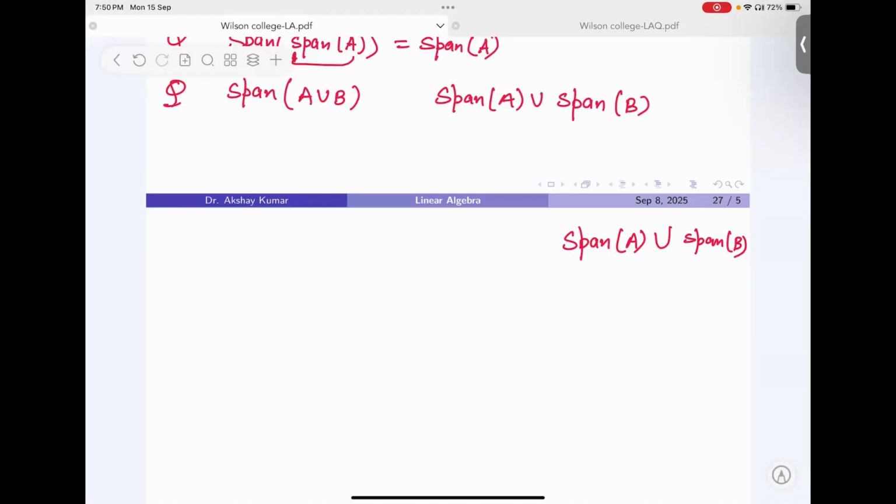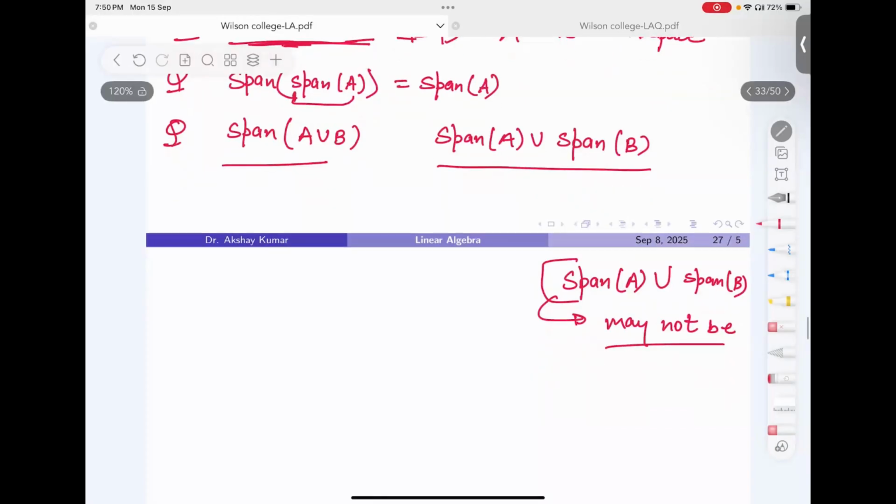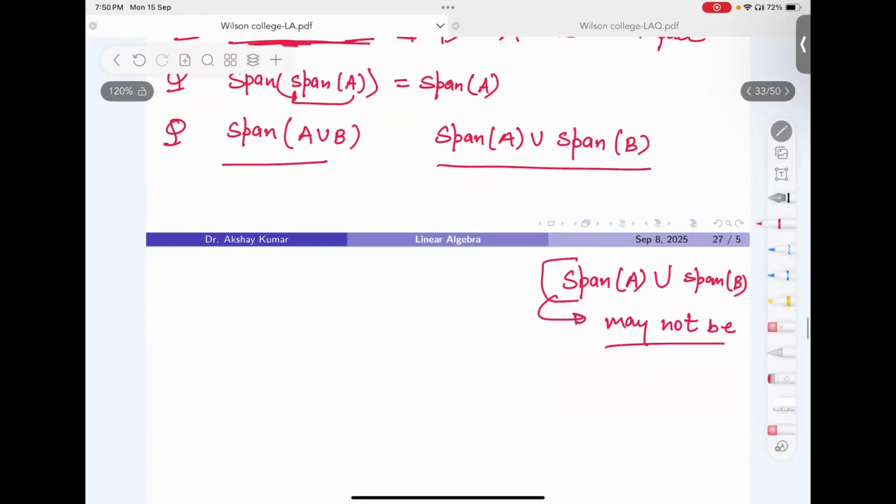May it always be a subspace? Not necessarily. This is not necessarily a subspace. Now, are the span of A union B and span A union span B equal? No. So which one is contained in which? Span of A union span of B is contained in span of A union B. You can prove this; it's a very small exercise.